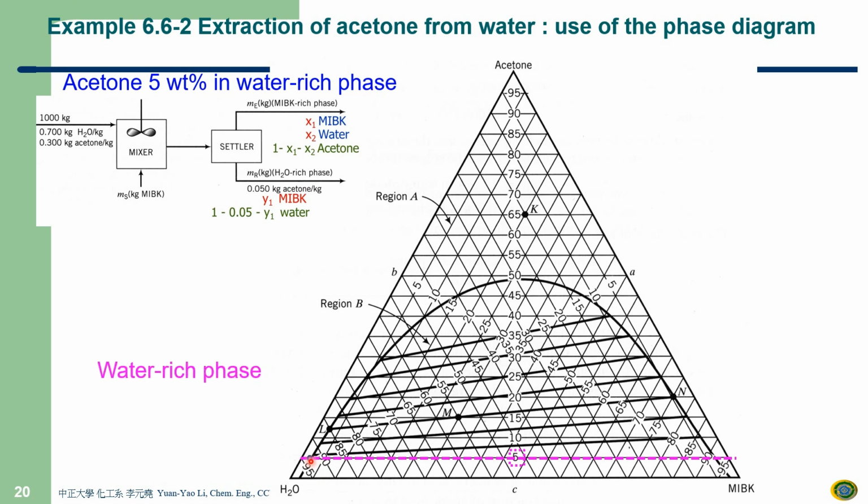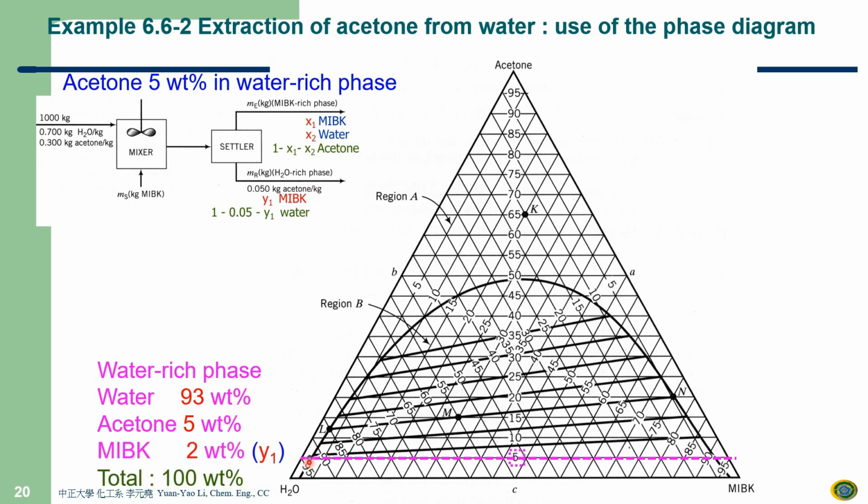So the water-rich phase has acetone at 5%, which is provided by the example already, water at 93, and MIBK at 2. So 2 is y1. Bingo, you already obtained one unknown variable.